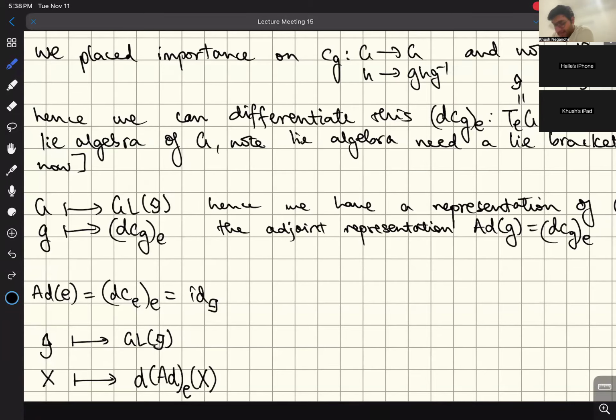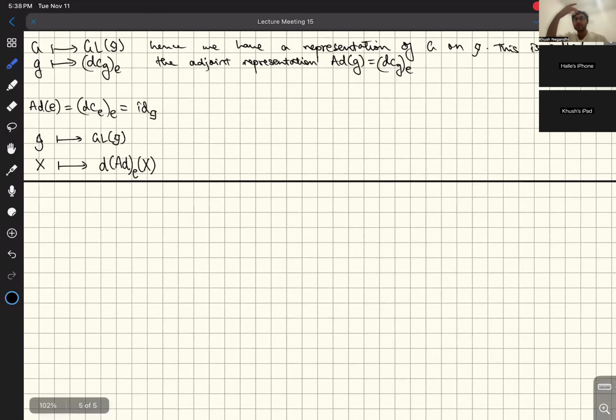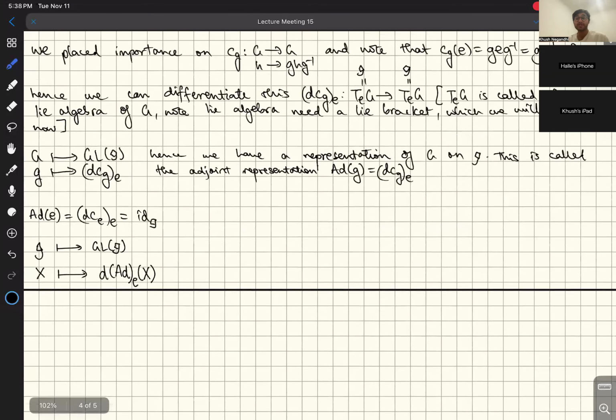Now the tangent space of this would be the same thing as the tangent space of R^(n squared), since the general linear group is an open subset of the space of all linear maps. Since it is open, and we had the chart where we used the chart to define a local isomorphism to be the inclusion.